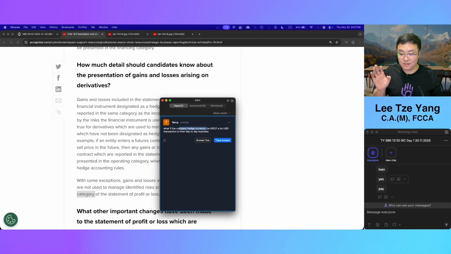You want to hedge because you have a payment in the future. You will pay in foreign currency. Okay, USD loan. Just to ask you again, are you paying the principal or the interest? Or both? Need to be clear first. Principal, interest, or both? Both. Okay.